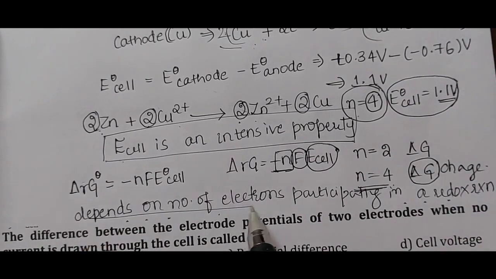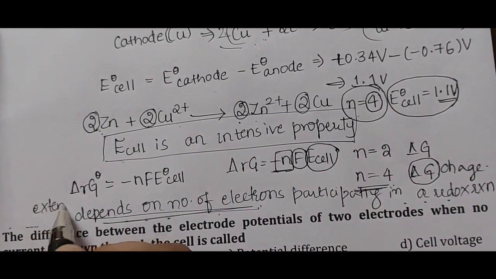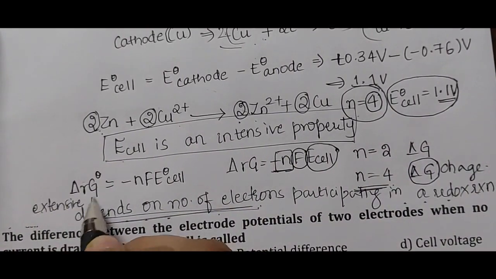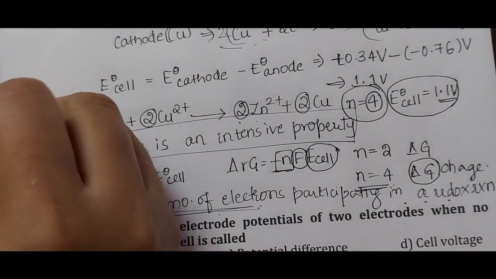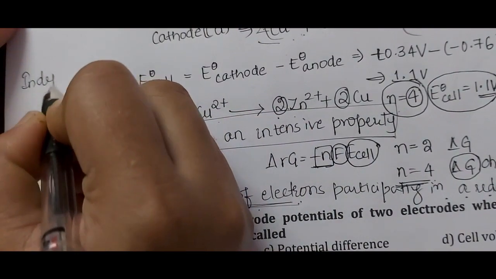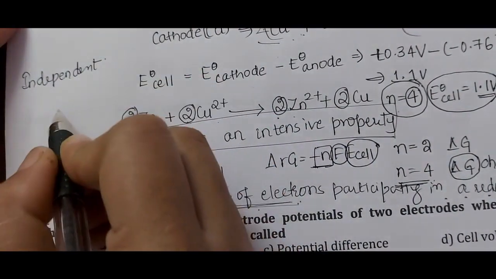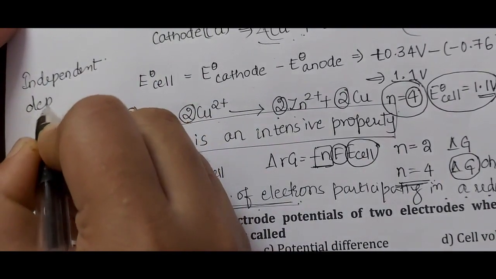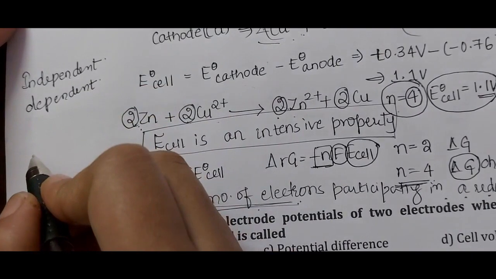And since it is dependent, we call it an extensive property. So let us be clear. If it is independent, it is an intensive property, and if it is dependent, it is an extensive property.